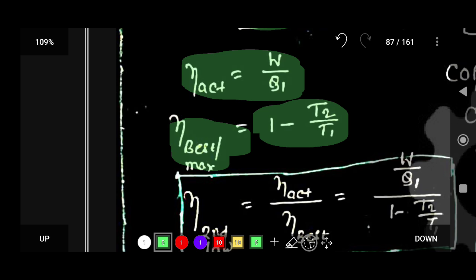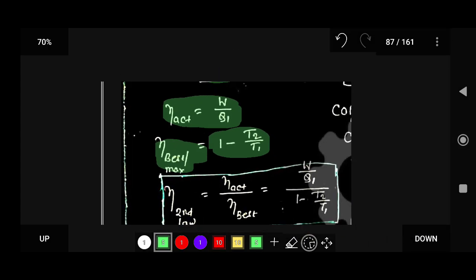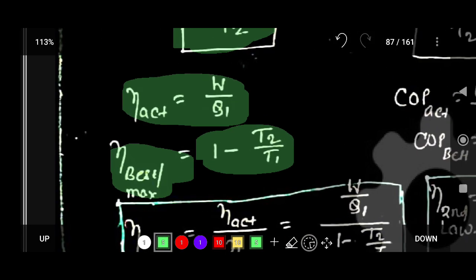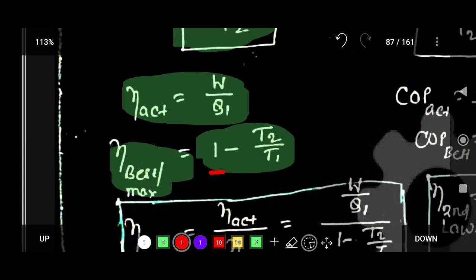We completed this concept in the previous 2 or 3 lectures. This is the formula for the maximum efficiency, 1 minus T2 by T1.